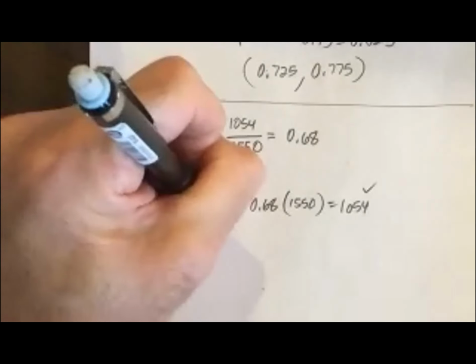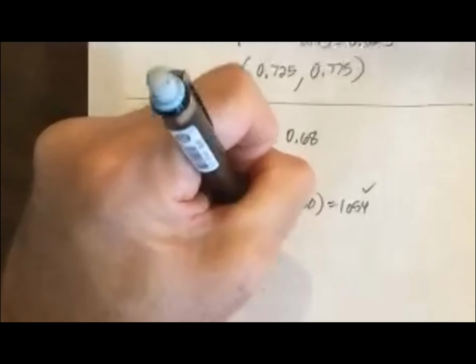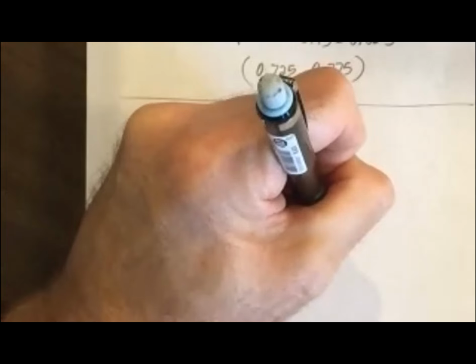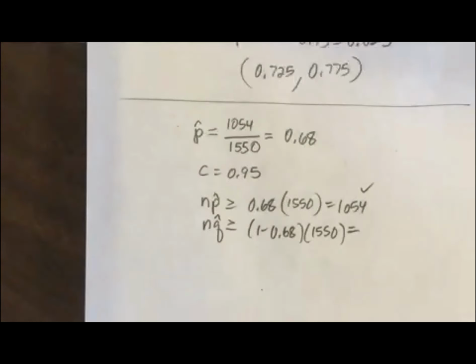And q hat is the rest, right? 1 minus 68% times our 1550, which is going to be, what is that, 32%? So 32% of 1550 is 496. Also bigger than 5.